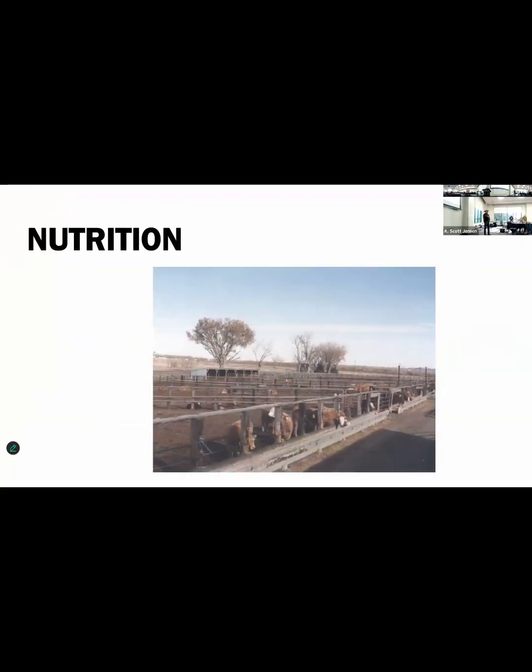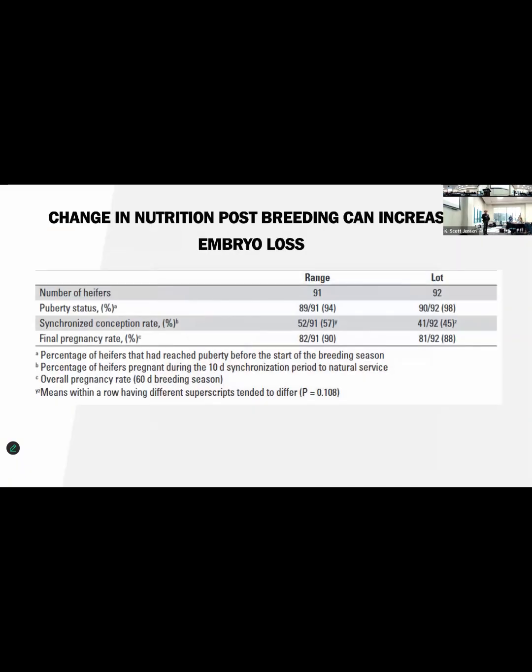So let's talk about nutrition. One thing we know about nutrition, from some work that was done in South Dakota: those of us that use AI or keep track of first cycle pregnancy rates have always noticed that when we have heifers that we do projects with, our AI pregnancy rates aren't where we want them to be.